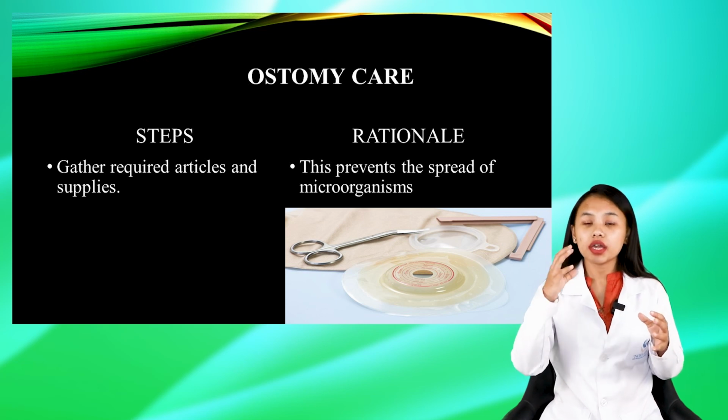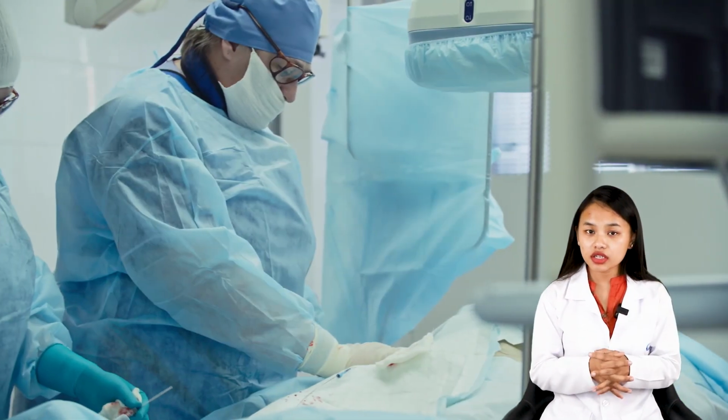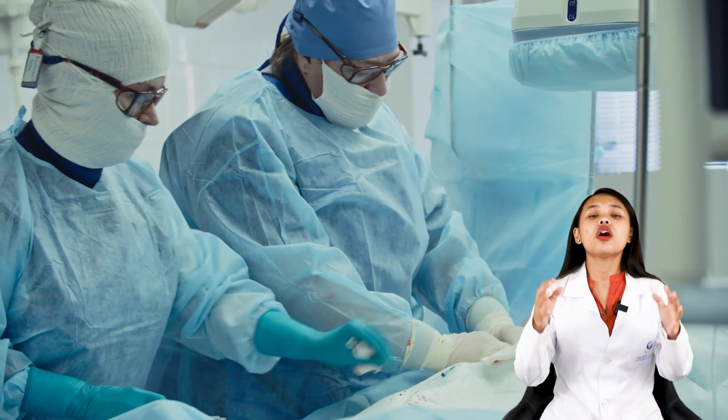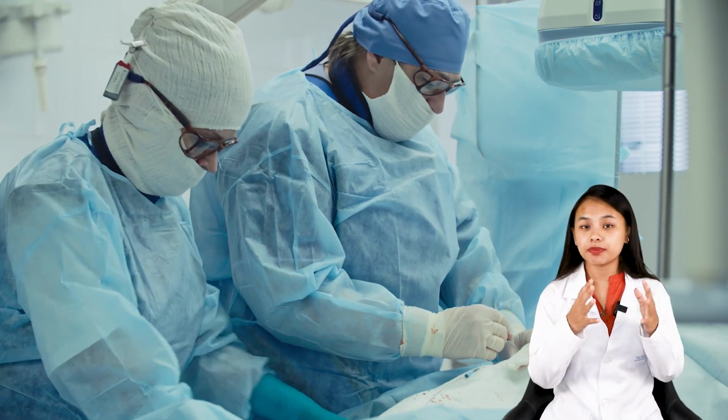It is important that we gather all the articles which would be required for this procedure, and that includes an ostomy bag, a flange, clip, scissors, stoma measuring guide, a waterproof pad, a pencil, adhesive remover for skin, a skin prep, stomahesive paint or powder, a wet cloth, non-sterile gloves, as well as additional cloths.